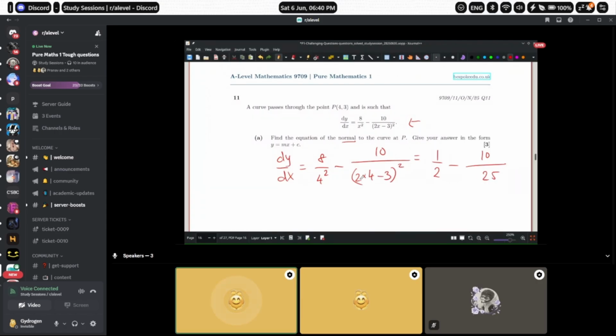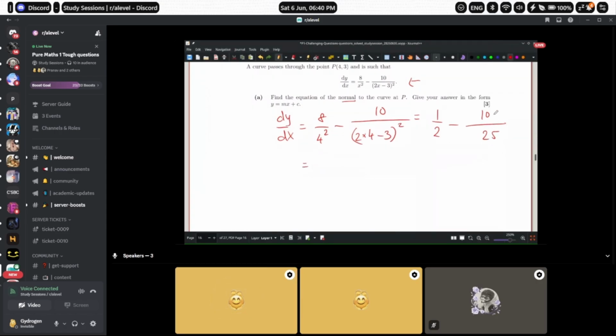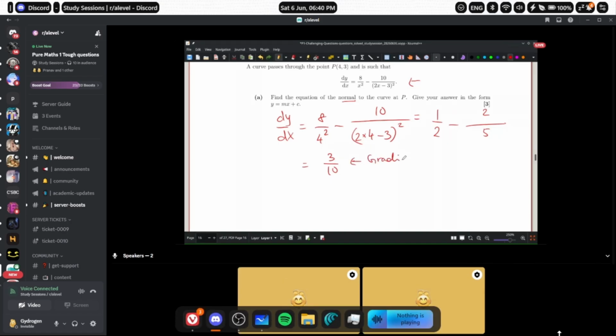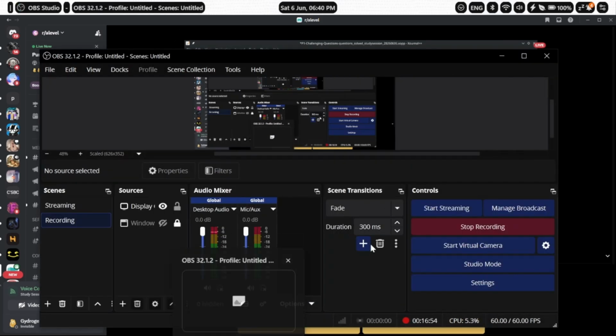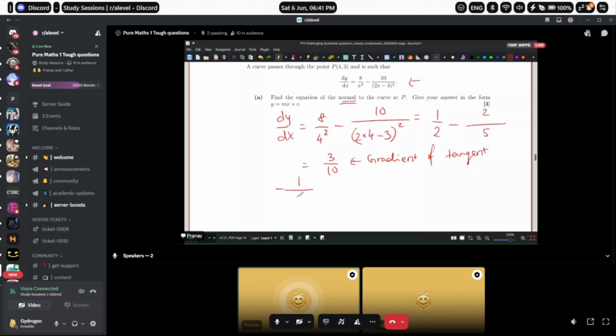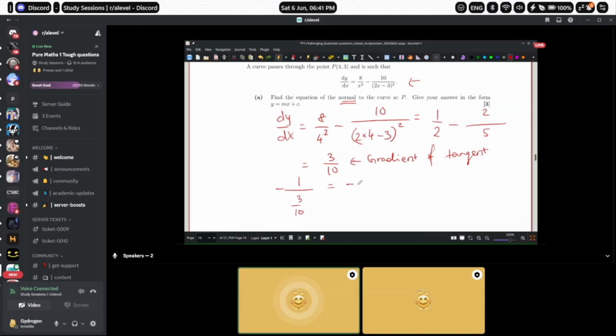The square of that is 25, and this is the same as 2 over 5. So this is 3 over 10. Since this is the gradient of the tangent, the gradient of a normal will be minus 1 over this, which is minus 10 over 3.